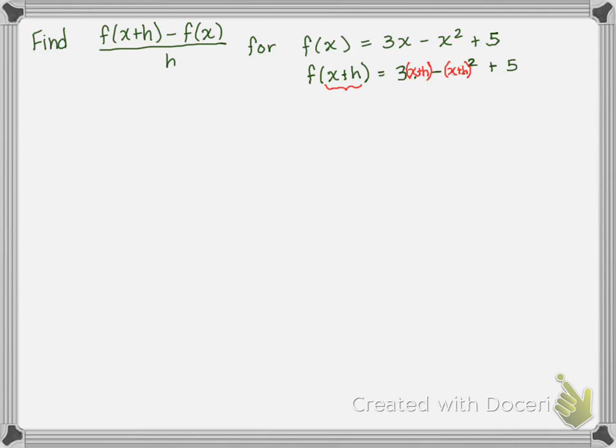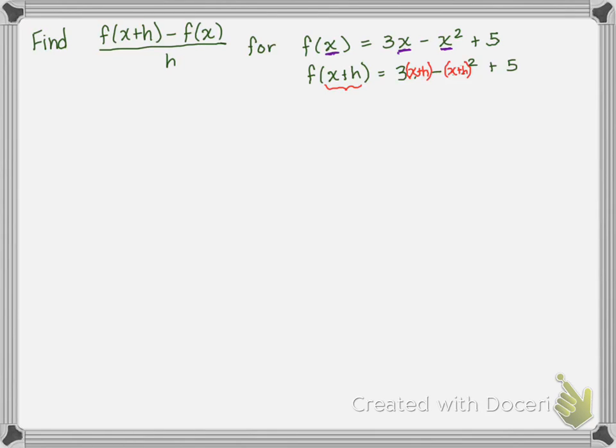And x plus h. So notice that what's in these parentheses always matches what's in the formula on the right side. So if I have x plus h in the parentheses, each of these has to be an x plus h.